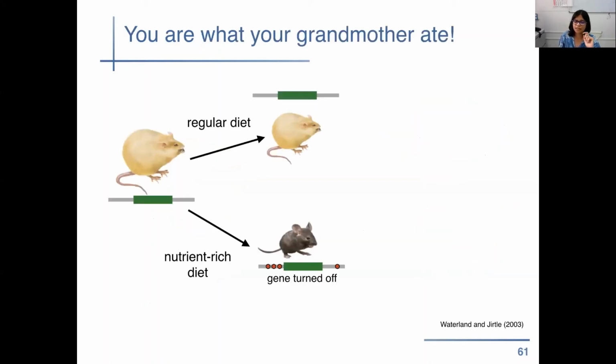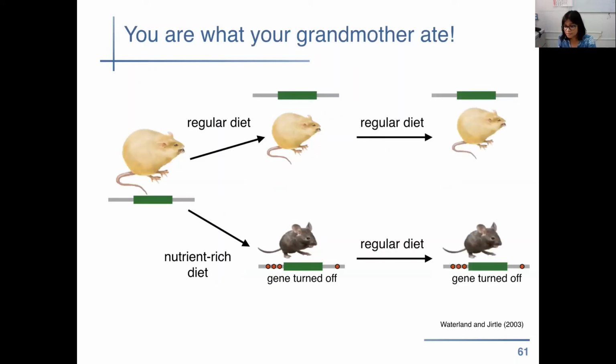And it turns out that when these same mice were followed for another generation, but now given a regular diet, the mouse which had the gene turned off continued to have the gene turned off, although given a regular mouse diet, not a healthy diet. So it turns out that you are what your grandmother ate.